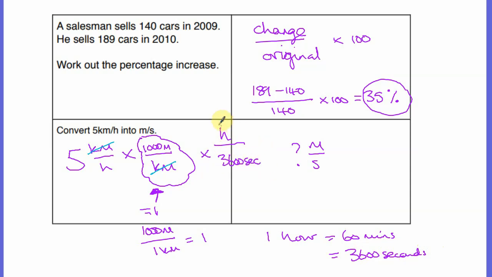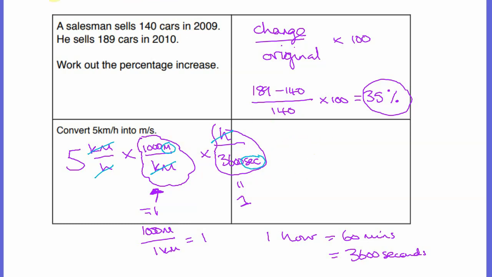So I can have this on here as well. What this fraction is going to equal is just again equal to 1. So it's not changing my numerical values, it's just changing my units. And then again, I can cancel out my hours with my hours. So we can see my only units left are meters and seconds. I just have some numbers to work with now.